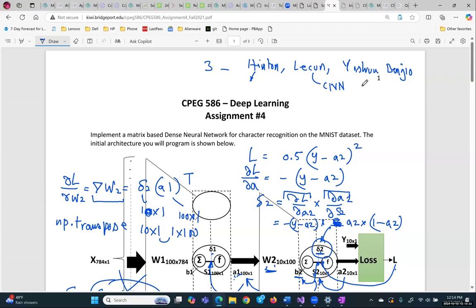All three of them were given the Turing Award, which is the equivalent of the Nobel Prize in computer science, because they don't have a category for Nobel Prize in computer science. So Hinton, if you remember, was given the Nobel for physics, not for computer science, right?